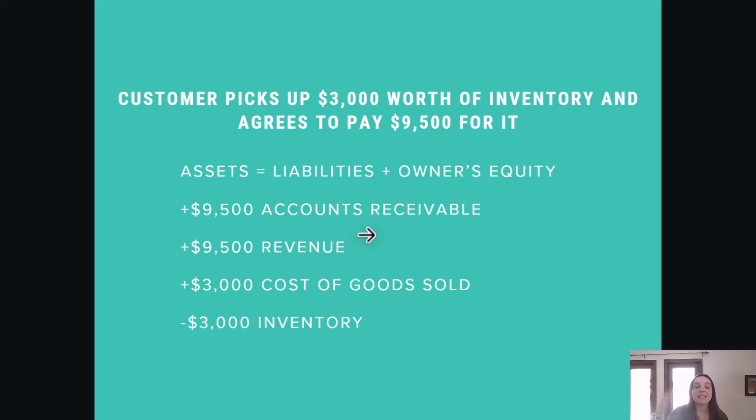But now we have to get that inventory off of our books, right? We gave $3,000 worth of inventory away, not gave it away, but we sold it, and it's off the books now. So how do we record that? We're going to increase an expense account called cost of goods sold for $3,000.